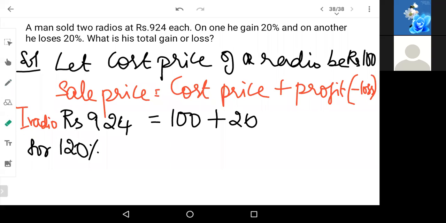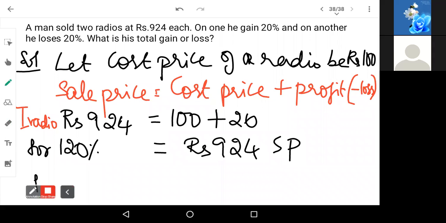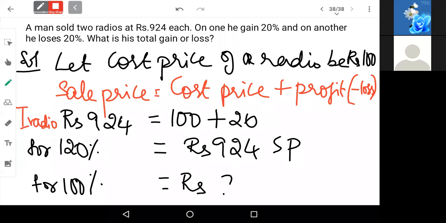At 120%, if the price is 924, that is 100% of the cost price plus 20% profit, my selling price is 120%, and for that 120% we are paying 924. For 100%, what will be the cost? I'll repeat it again.